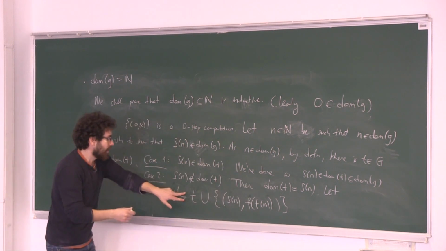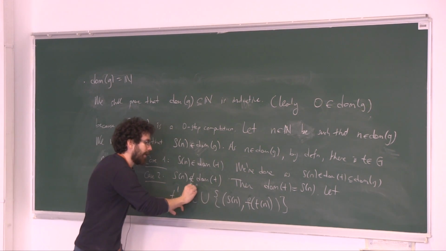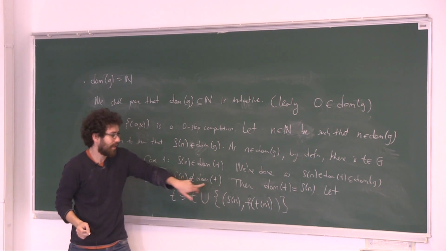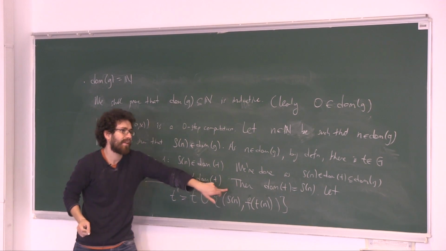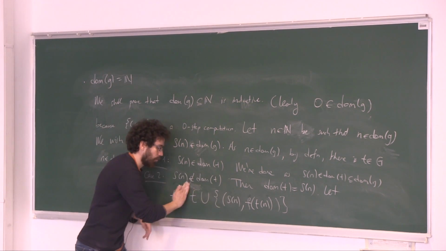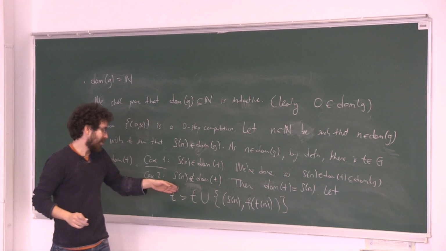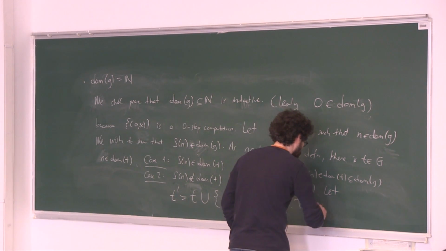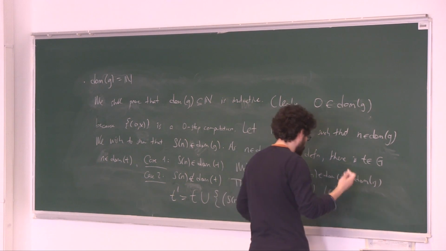So think of it like this. If this is the zero-step computation 0, x, what I'm doing is adding to this 1, f of x. If this is 0, x, 1, f of x, I'm adding 2, f of f of x, and so on. I'm just going to be hand-wavy about this part because we don't have enough time.